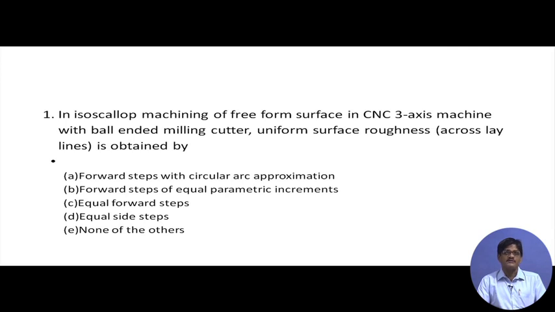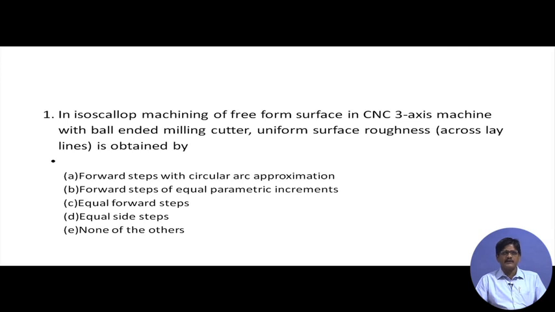In this case, forward steps with circular arc approximation is not relevant. Forward steps and side steps are not connected with each other. So, A is not correct, B is also with the same logic not correct, C is also not correct with the same logic. D says equal side steps.